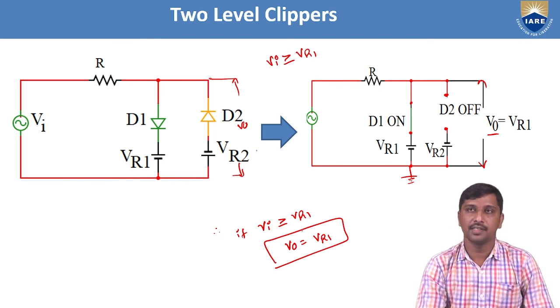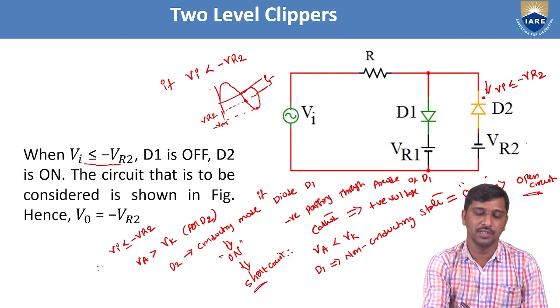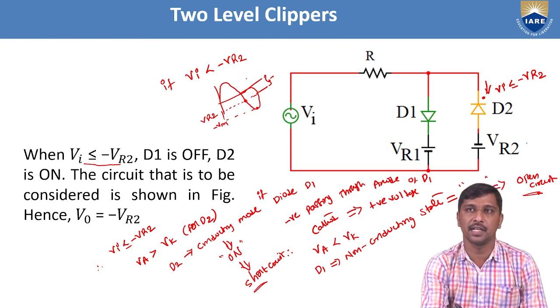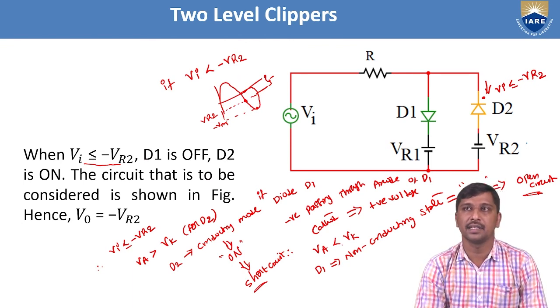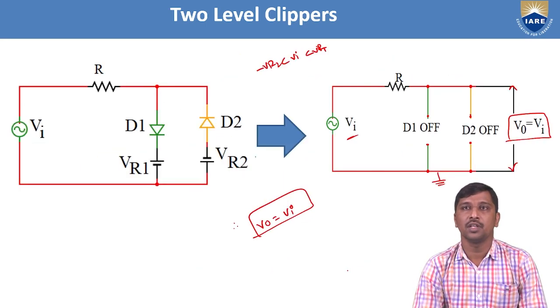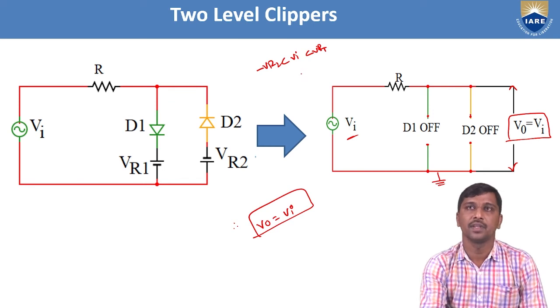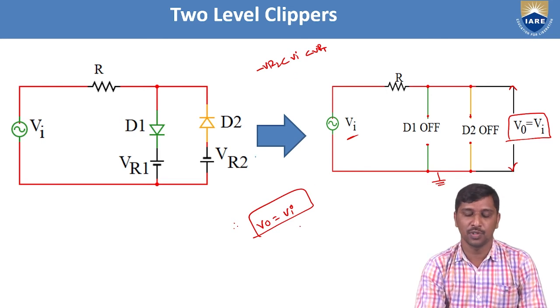The first point: if Vi is greater than or equal to VR1, the output voltage is VR1. The second: if Vi is less than minus VR2, the output is minus VR2. And the third: if the input voltage lies between the two reference voltages, the output voltage is represented as Vi.